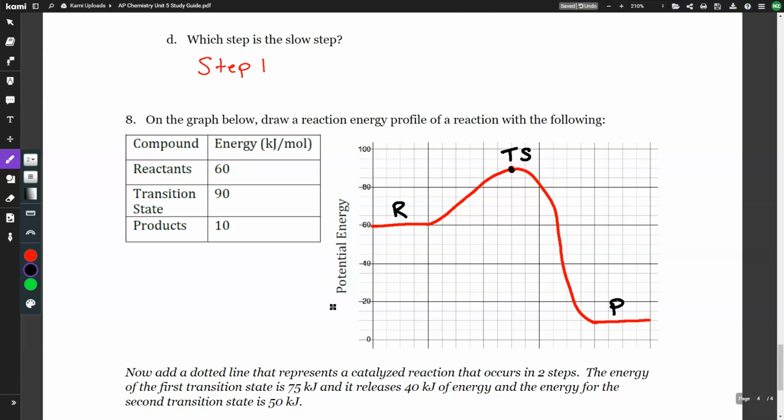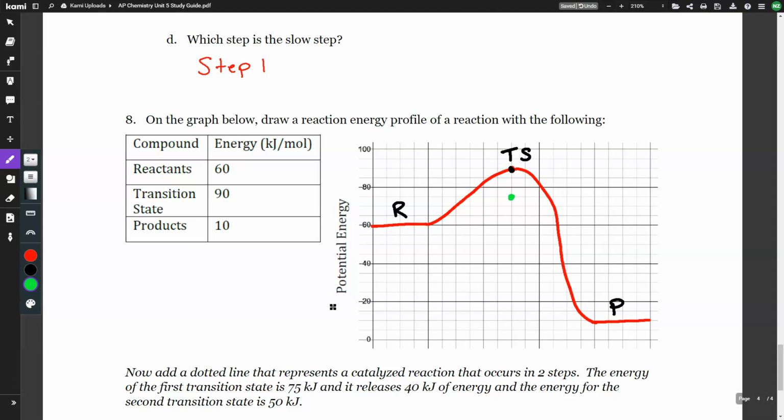All right, so it says, now add a dotted line that represents a catalyzed reaction that occurs in 2 steps. The energy of the first transition state is 75 kilojoules. So our transition state for the first original reaction, I should say, was 90, so we want to find 75, which is here. It releases 40 kilojoules of energy, so it doesn't tell us where to draw it.